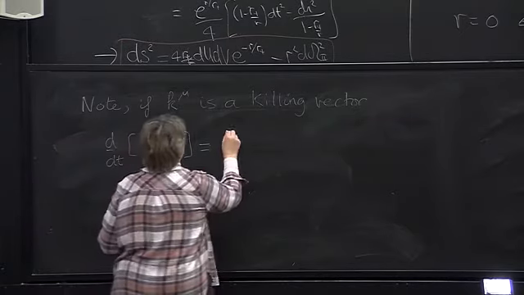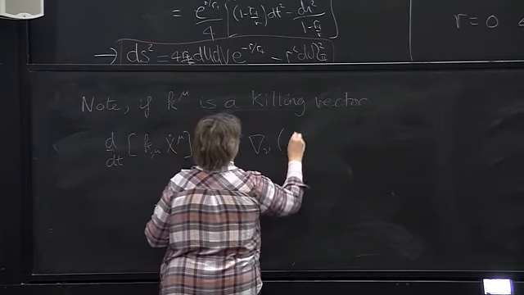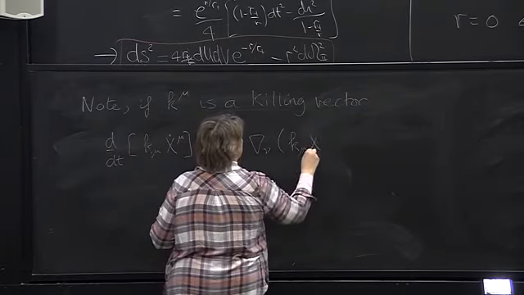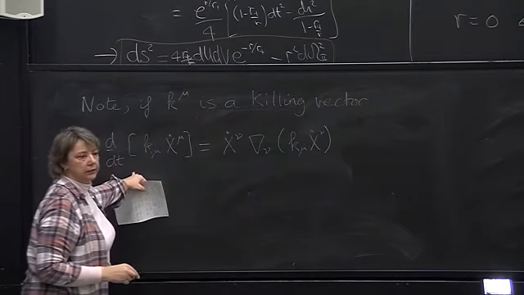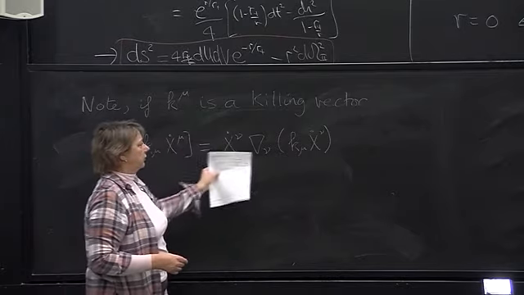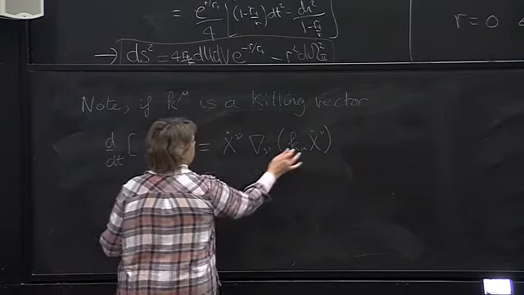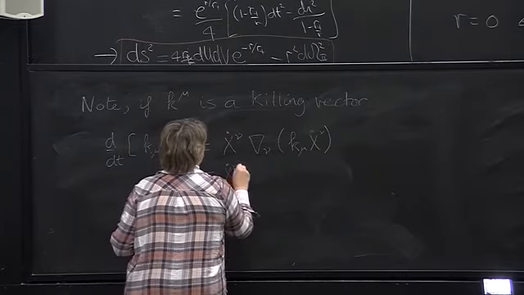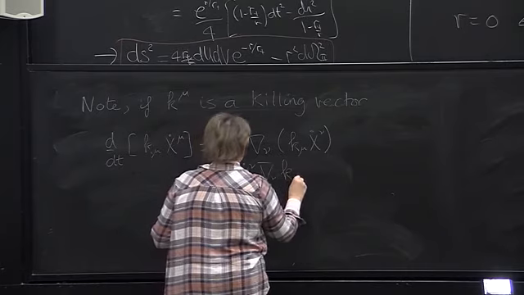So let's just see this. Along the geodesic, d by dτ, so this is your proper time, is just the tangent vector dotted with grad. So I take it in turns. I do x dot mu, acting on the Killing vector.